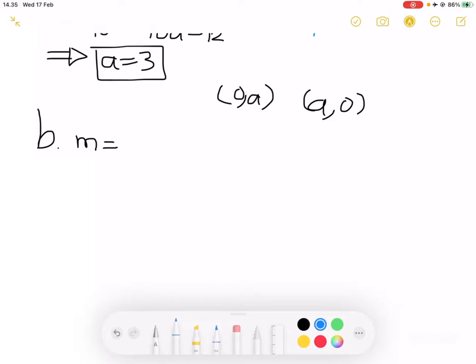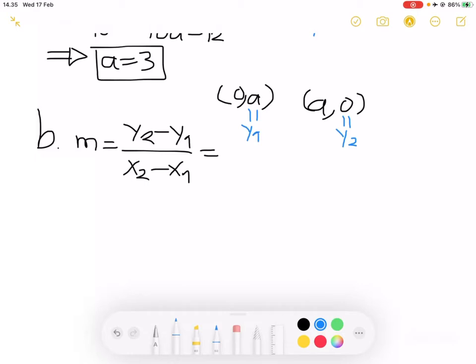In this case, I'll just take 0 as the y2 value, and I'm supposed to write the formula right here: the gradient is the change in y over the change in x. So if y2 is 0, then y1 will be a.